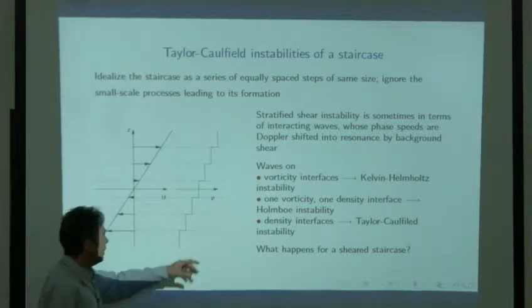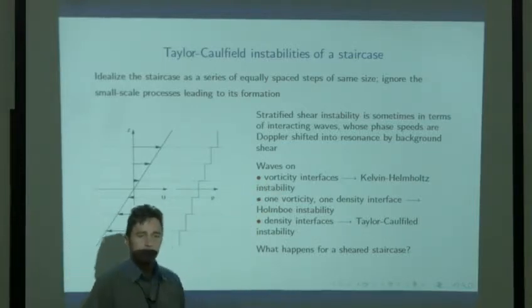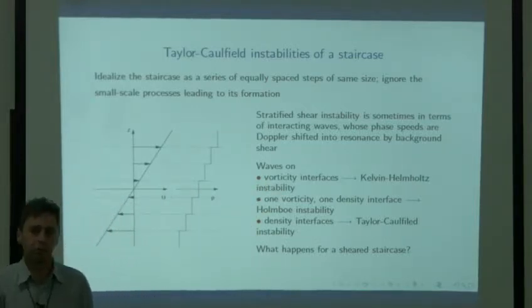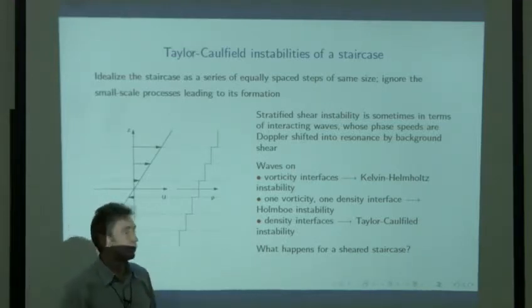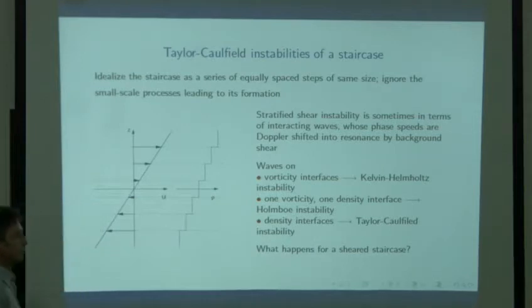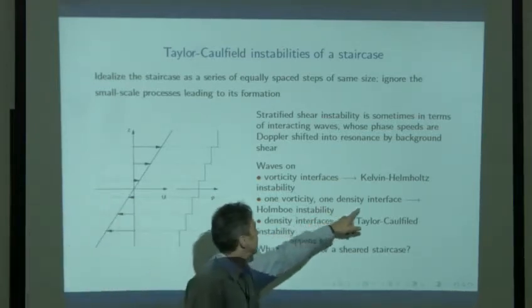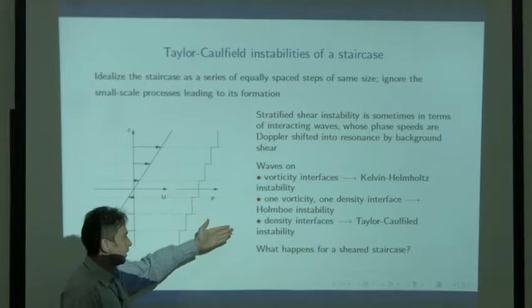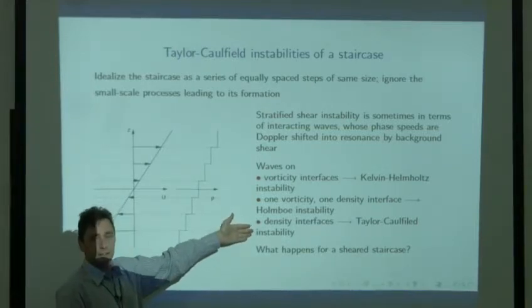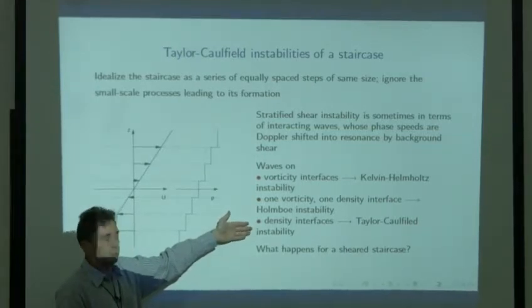So for example, if you have vorticity interfaces, like in Rayleigh's classical kinds of broken line profiles, you can have vorticity waves interacting, and that's how people like to interpret the Kelvin-Helmholtz instability. If you have a density interface interacting with a vorticity interface, that gives rise to what people call the Holmboe instability. And then there's this third case where you have two density interfaces with gravity waves riding on them interacting.